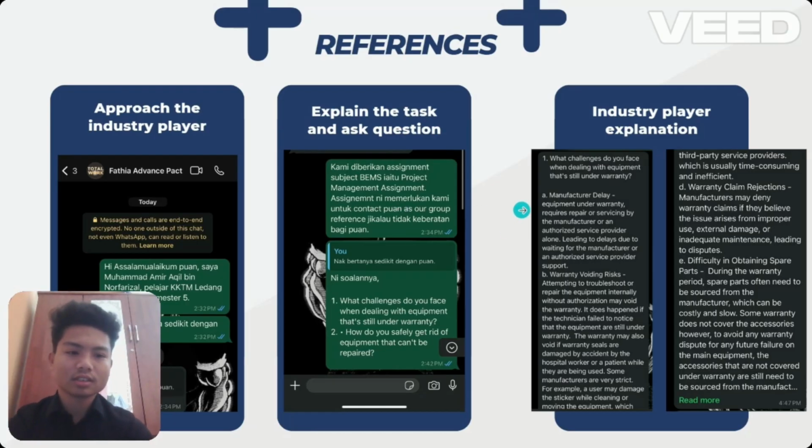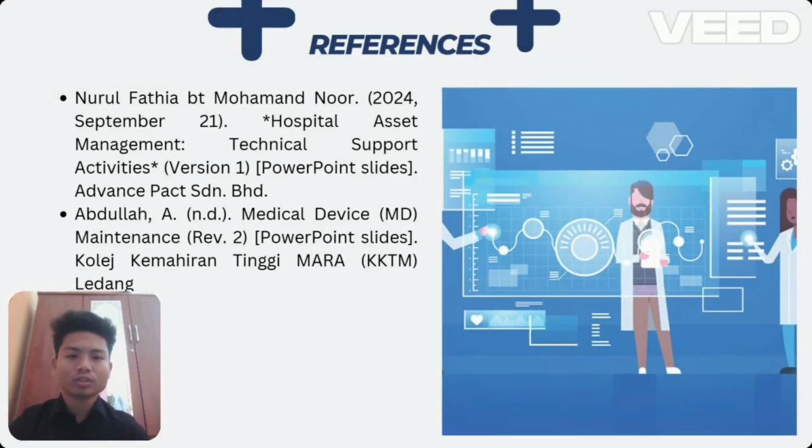After that, we received the answer from the industry player. She also sent the slide presentation from the program to us for us to review and use in this task.